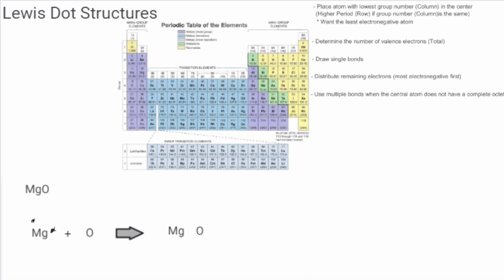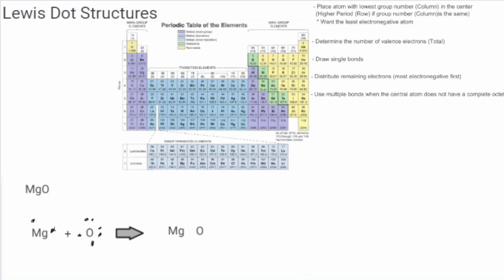I'm going to add 1 to each of the 4 sides: 1, 2, 3, 4. And once you get all 4 sides filled up, now you're going to start pairing up your electrons: 5, 6. Alright, so now we have all 6 of our valence electrons drawn.